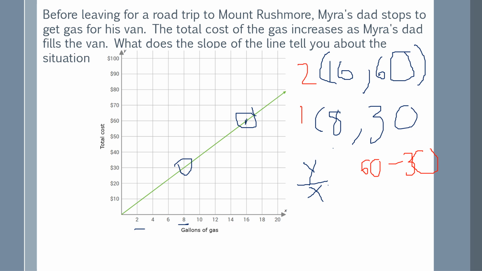And the reason why I'm saying this is because we know slope is positive, so I gotta make sure that when I'm finally doing the work, I get a positive answer. So 60 minus 30, and then 16 minus 8.